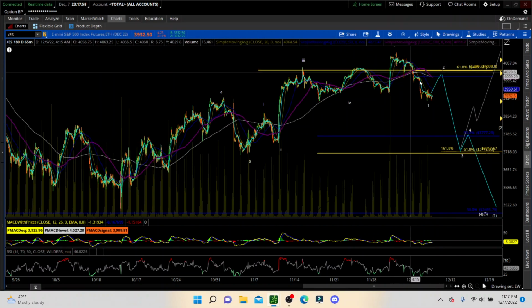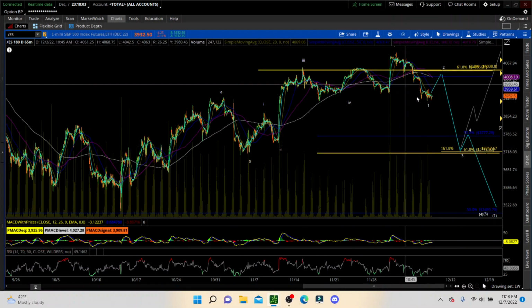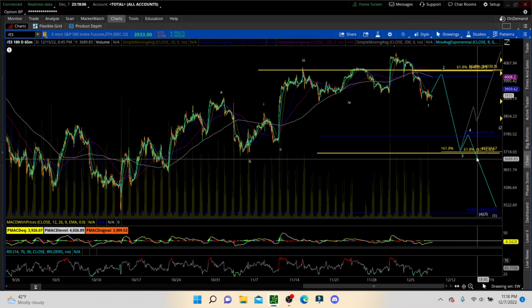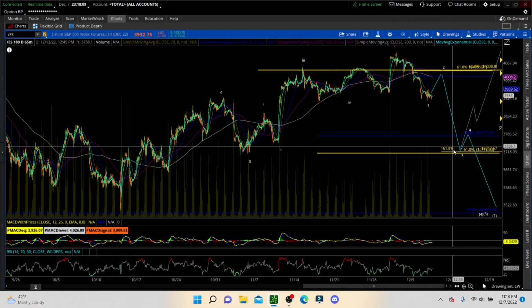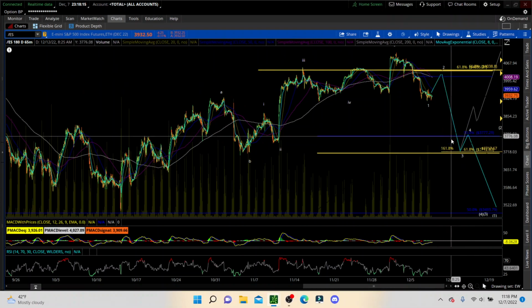So it would look the same no matter what. So no matter what, we're looking for an ABC or 1, 2, 3 down to the 62% retracement down to the 3,700 area. This is going to be important for whether you're a bull or a bear getting down there. So you should be trading that way in any instance.